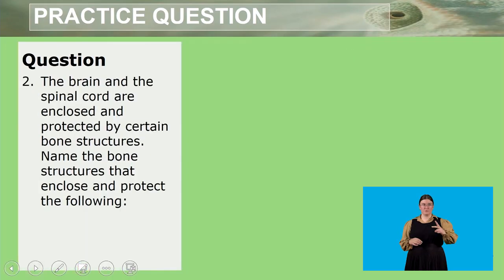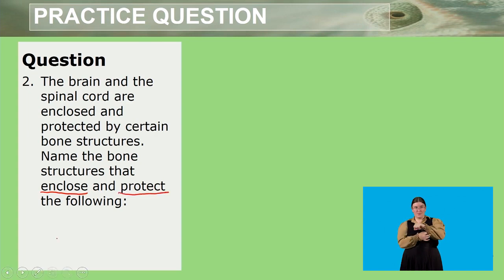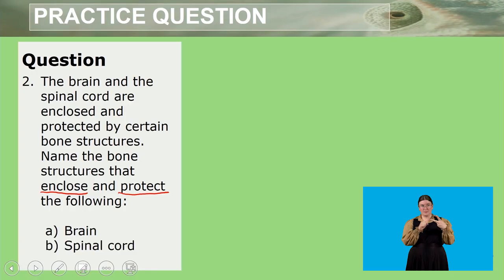Moving on to our second question, the instruction states, the brain and the spinal cord are enclosed and protected by certain bone structures. Name the bone structures that enclose and protect the following: A, the brain, and B, the spinal cord.